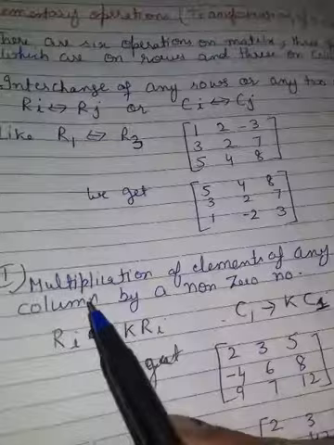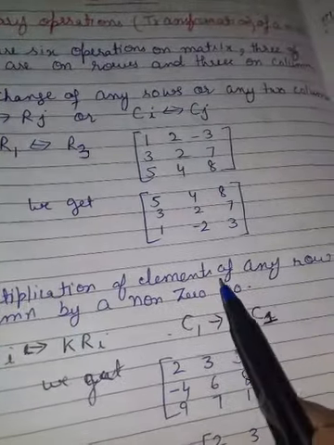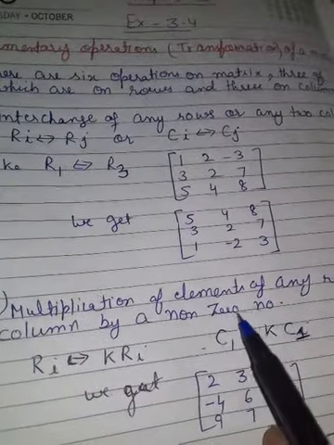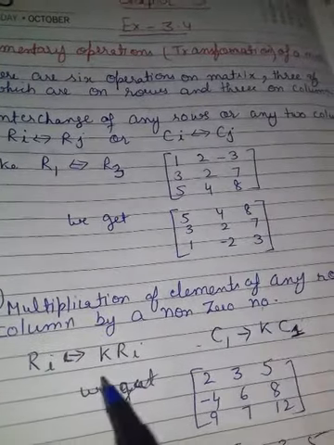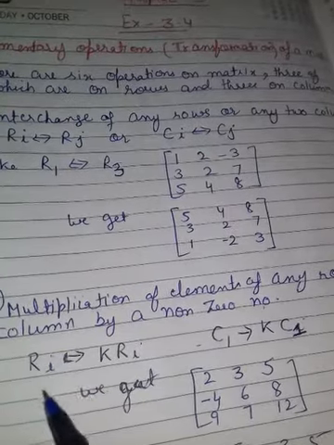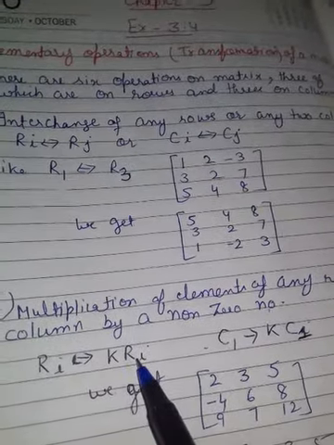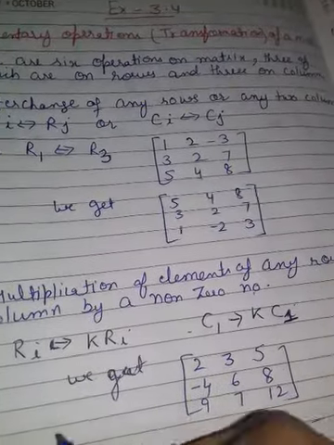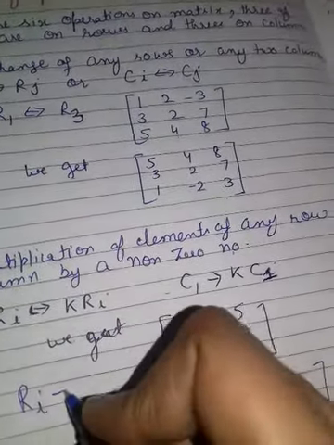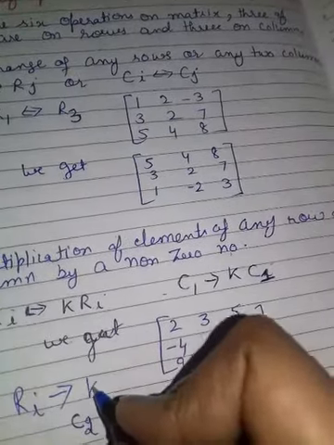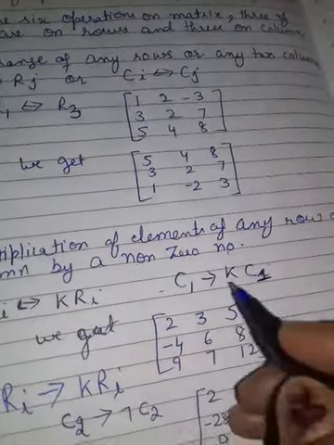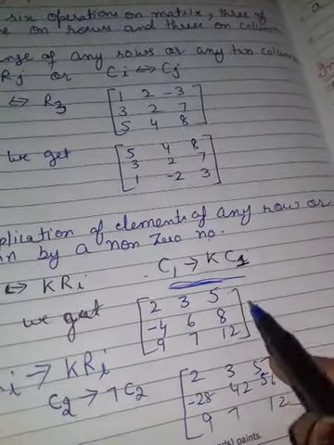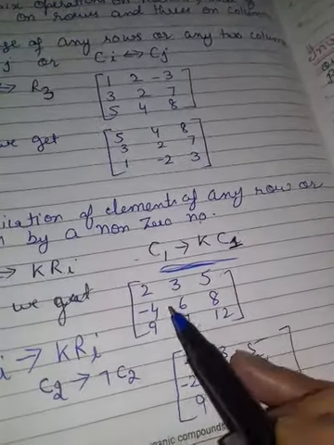Next one is multiplication of the elements of any row or any column by a non-zero number. It means if you have any row and you want to multiply it with a number, it can be written as Ri goes to kRi. Similarly with a column. Clear? If you are given this type of matrix, you can multiply.